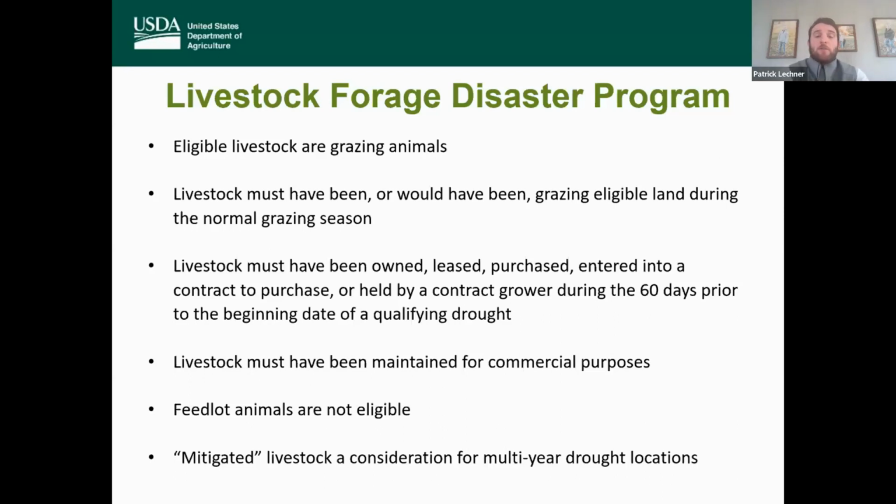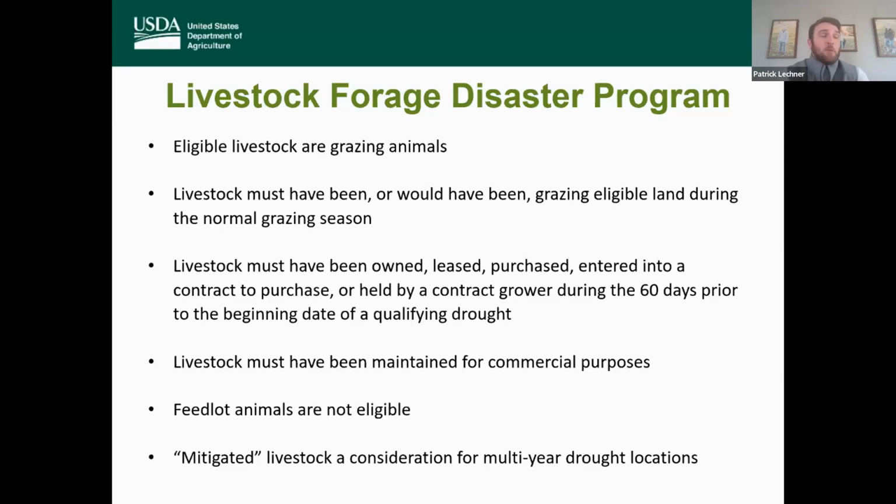Livestock must be maintained for commercial purposes. We did see a little bit of flexibility regarding this criteria for eligible livestock. We now also include recreational livestock that contribute to the viability of a commercial operation.